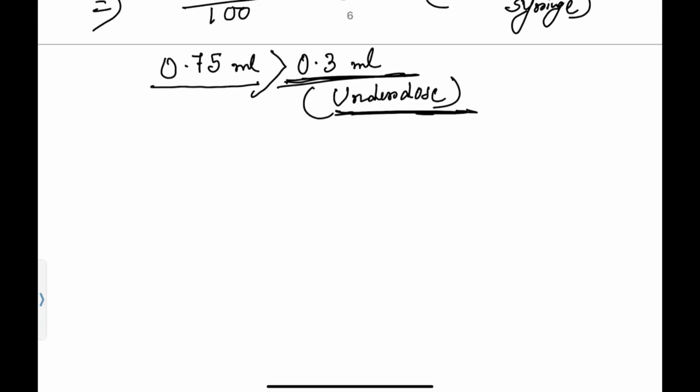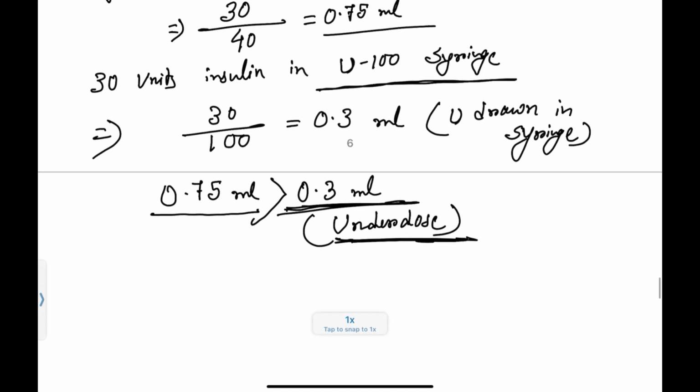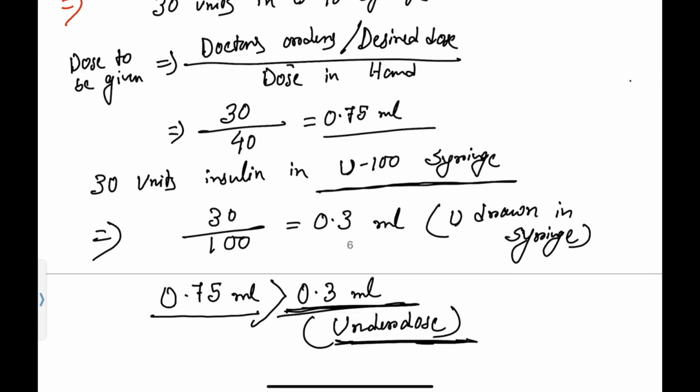Today we learned the core formula, understood the difference between U40 and U100 syringes, and practiced how to get the answer. Always match the syringe with the insulin strength so that you avoid errors, either overdose or underdose. So like this you need to solve the MCQ if an MCQ comes from insulin dose calculations. I hope this class is helpful for you all. Thank you.